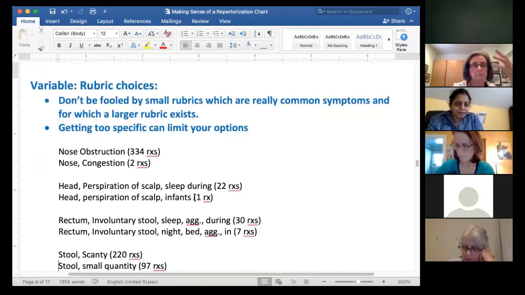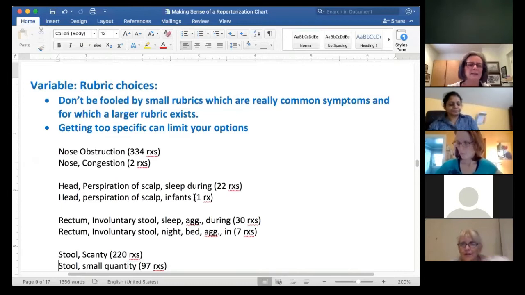Now, generally in modern times, we use the term congestion when somebody's nose is stopped up and they can't breathe. So you go and you say, oh yeah, I found congestion. That's the word that the client used. But you look at that and you say, 2 remedies. Does that make sense that there would only be 2 remedies that have to do with somebody's nose being congested? And the answer is no.